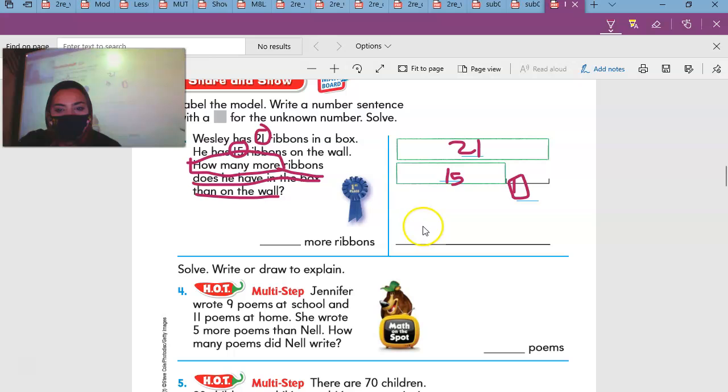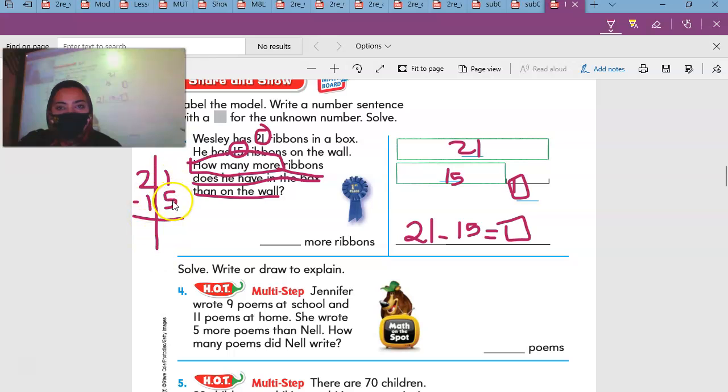How much were in the box? 21 take away 15 equals empty box. Here we're going to write the actual answer. Here we're going to do the elevator escalator. 21 take away 15 equals division line between the 1s and the 10s.